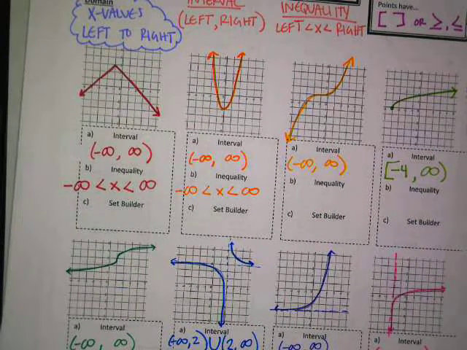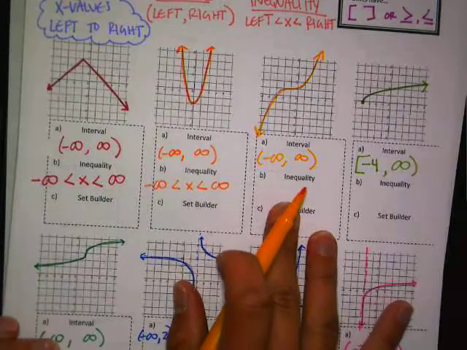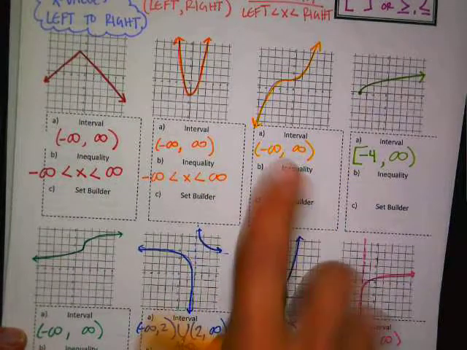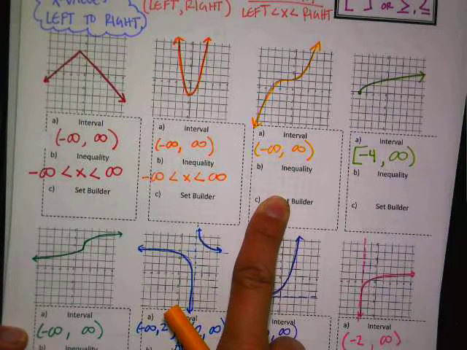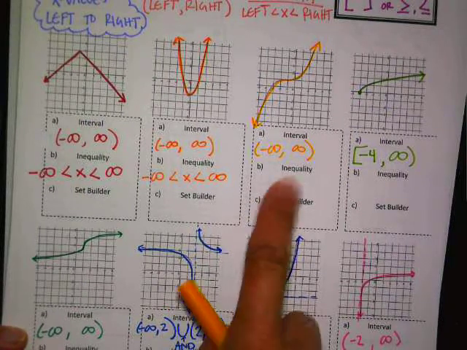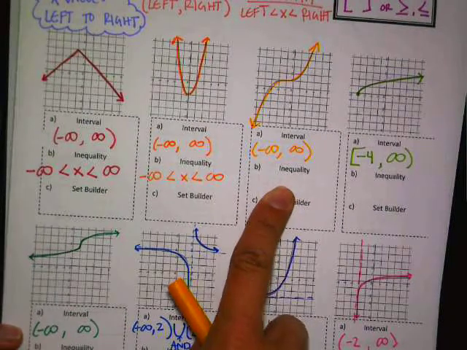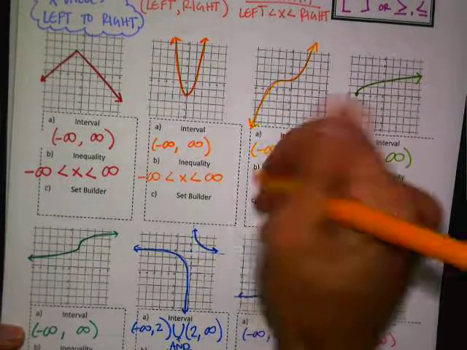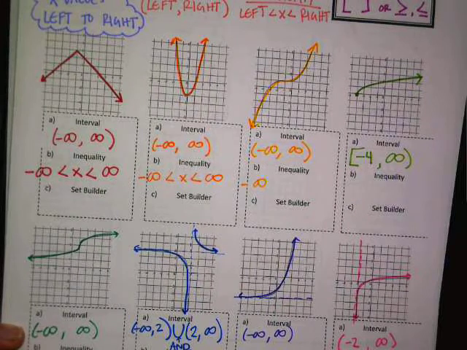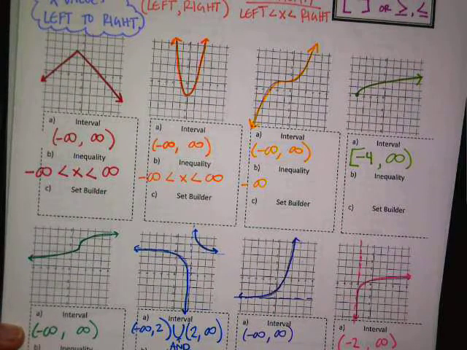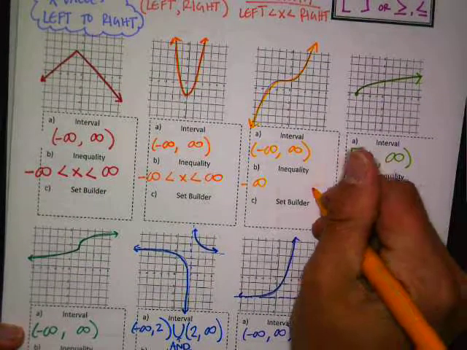Let's see. Jakayla, help me with the yellow one. What would be the inequality? This, the third one. Negative what? Good, and then what? Good. What's going to go in between? Good.